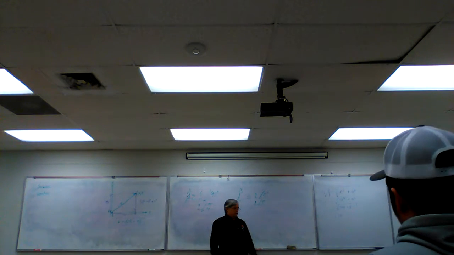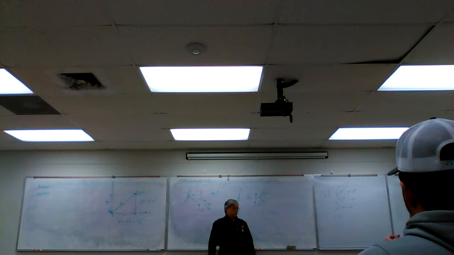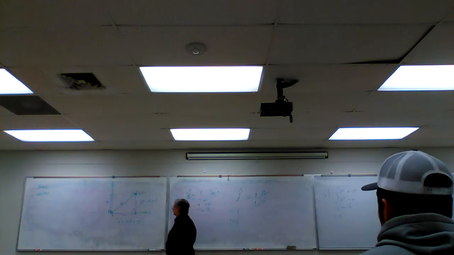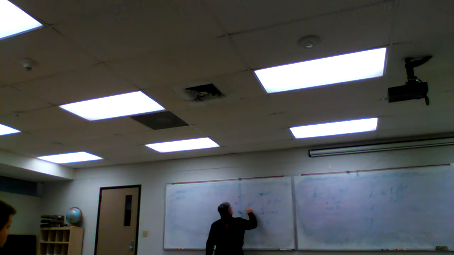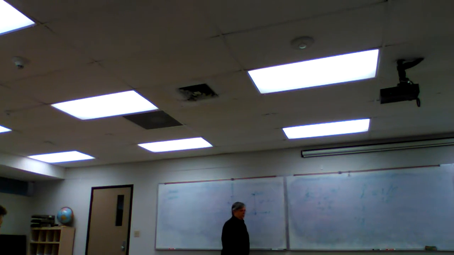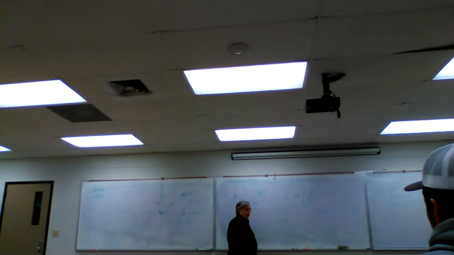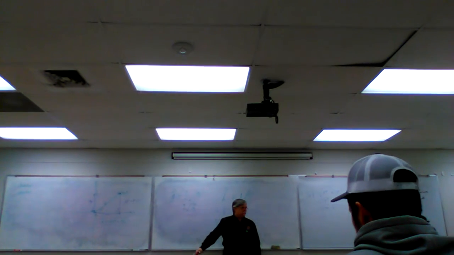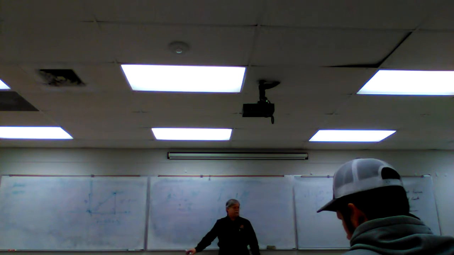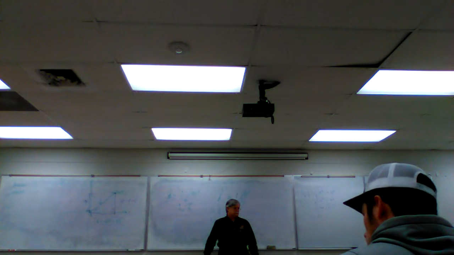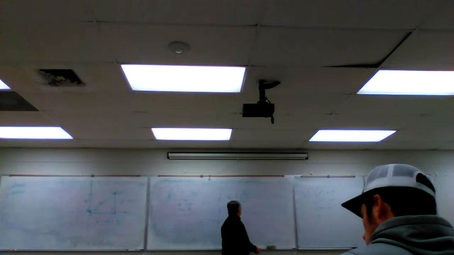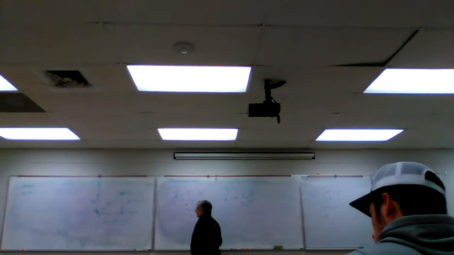What about the direction? What direction is it pointing in? What is theta here? How would you find it? How would you find theta? Inverse tangent. That's a really good way to go.